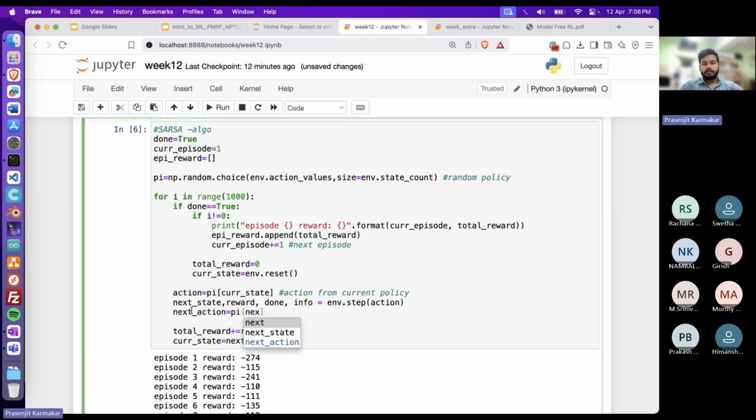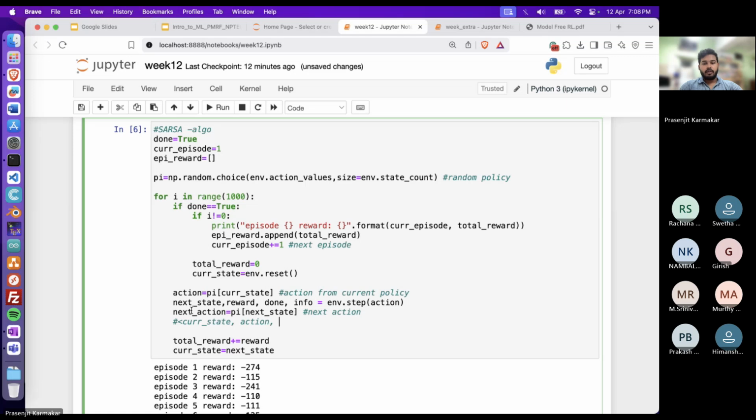Next state, next action. Now see, I have the entire tuple with me: current state, action, reward, next state, next action. Now here I can update that thing.